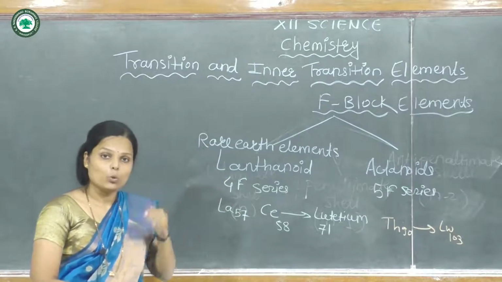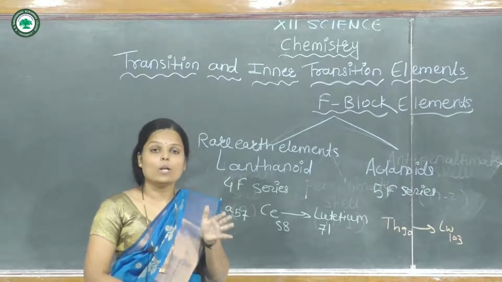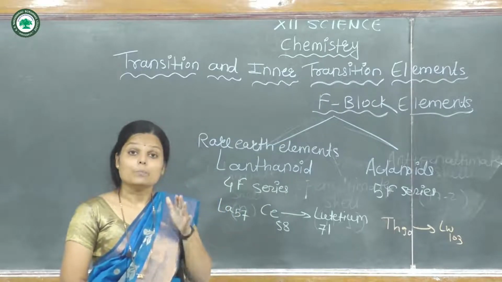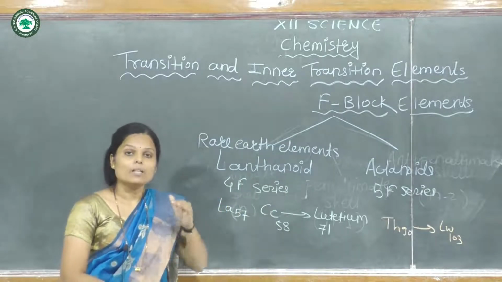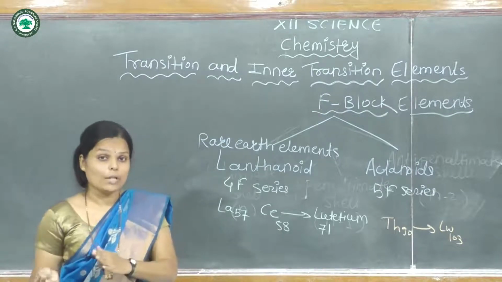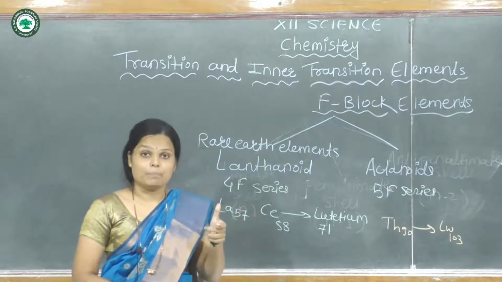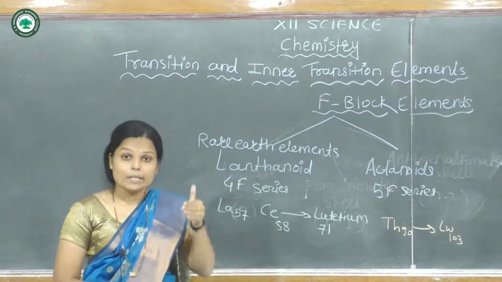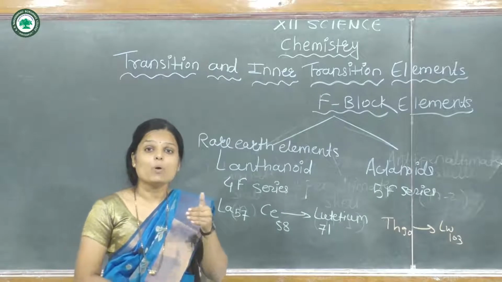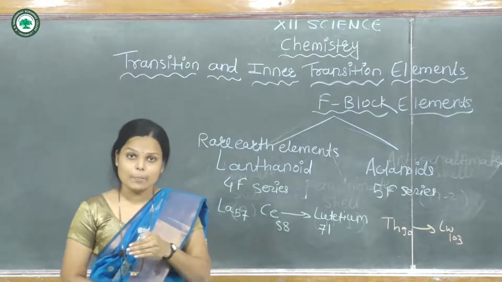For example, thulium is more abundant in the earth than silver, but it cannot be easily extracted in pure form, and that's why it's called a rare earth element.